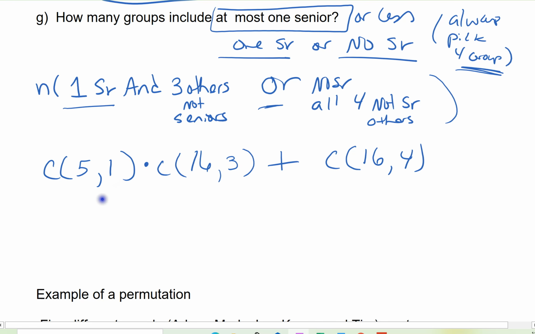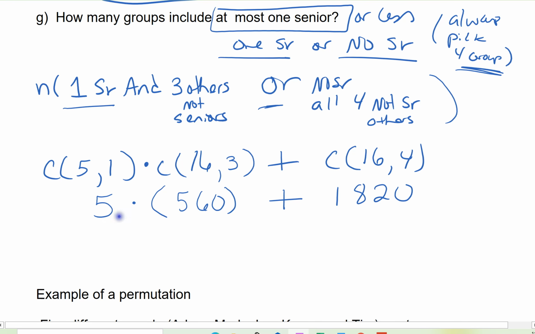Alright, combination 5, choose 1. Well, that's just 5. Alright, combination 16, choose 3. Well, I'll have to type that in. That's probably a fairly large number. So combination 16, choose 3 is 560. Plus combination 16, choose 4, which is 1,820. Alright, so there are 1,820 groups with no seniors, right?